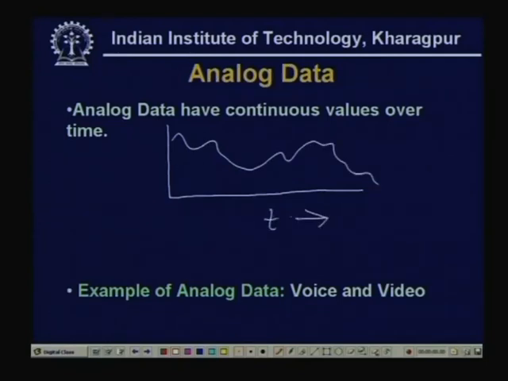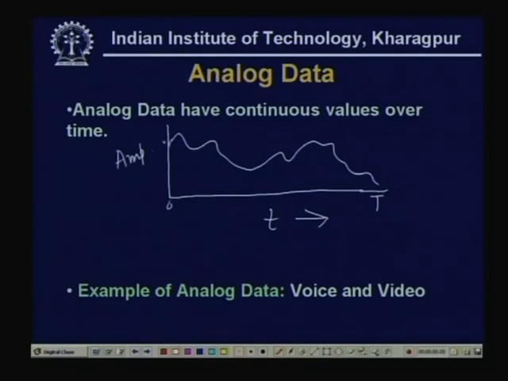So, this side is the time and this side is the amplitude in this case. Whenever this is being sent, it has continuous values, that means it has an infinite number of values within this range, and then we call it analog data. You can see within this duration, say time 0 to time t, an infinite number of values have been sent.